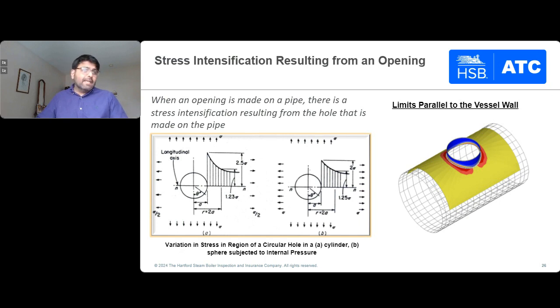So from mechanics, I know that when I have a cylinder where I have made an opening, and if that cylinder is under internal pressure, right adjacent to that opening you will have stresses that are significantly more than the average hoop stress or membrane stress. That is just the way openings really work. But the good news is that as you move away from that opening, the stresses will attenuate to an average membrane stress, and you can see that here.